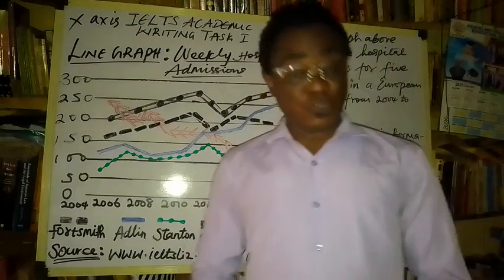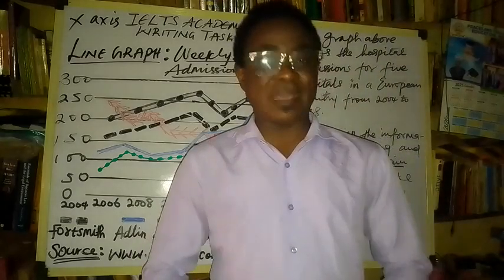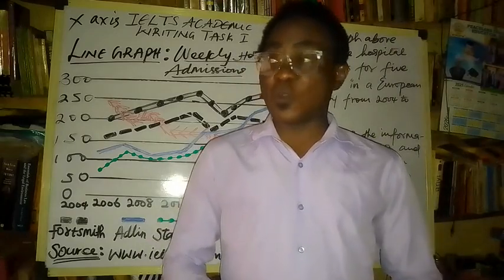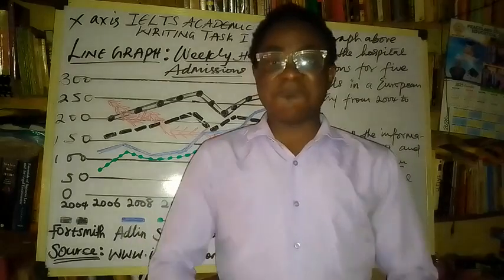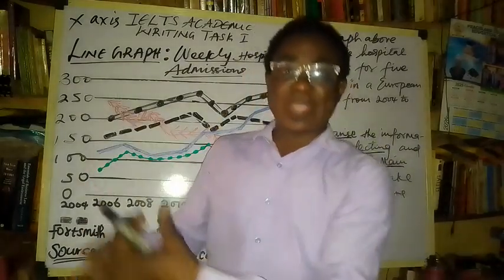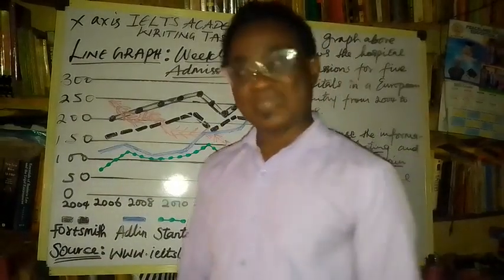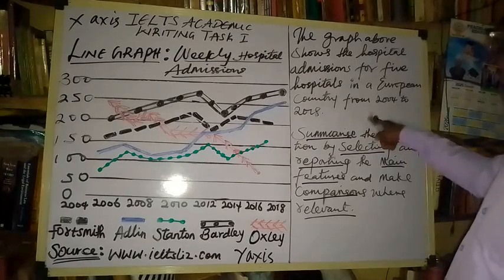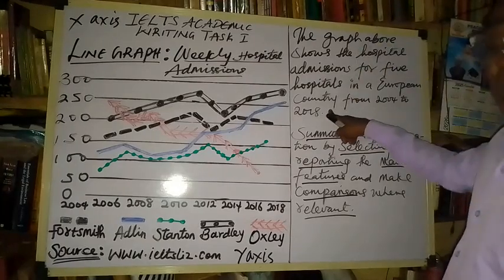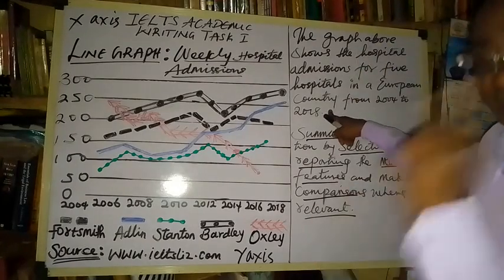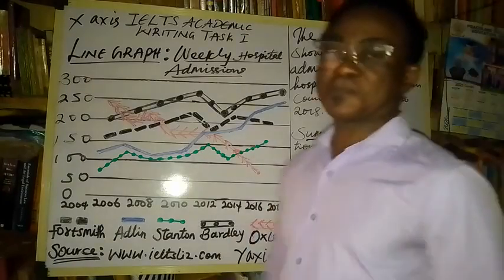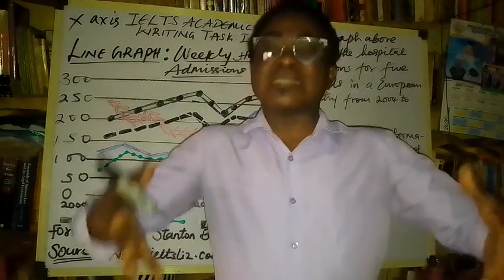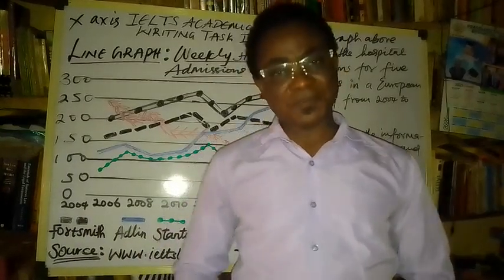That way, you indicate to the examiner that you are able to employ vocabulary of your own to present information that you read in an original format. This is the caption of the graph, and this is what the writer is expected to paraphrase as the intro or first paragraph. The 2 second paragraphs after the intro can be called the body of the report.